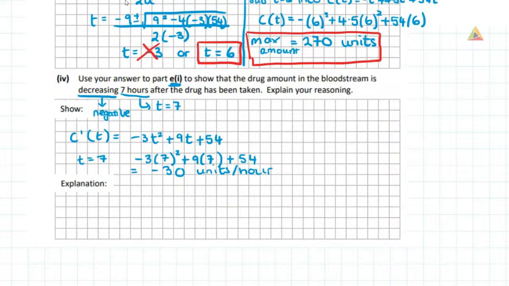So this was the rate of change of the amount of drug in the bloodstream. The fact that we get this minus explains that we have a decrease in the amount of drug. Since the answer is negative, this shows it is decreasing.